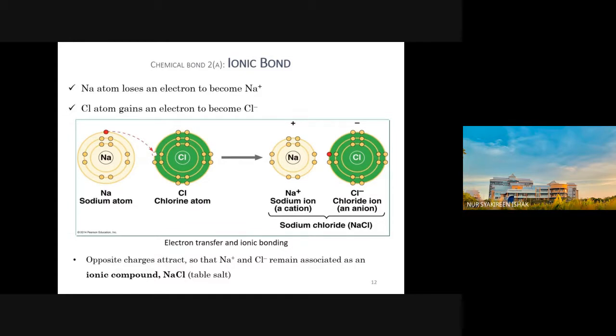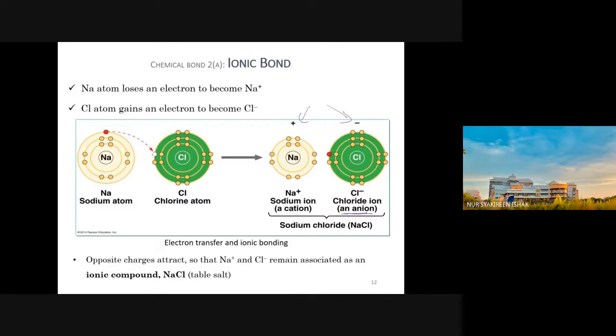When the chlorine atom gains an electron, it becomes chloride ion, Cl-. Now sodium is a cation and chloride ion is an anion, so an ionic bond forms between the oppositely charged ions, Na+ and Cl-.